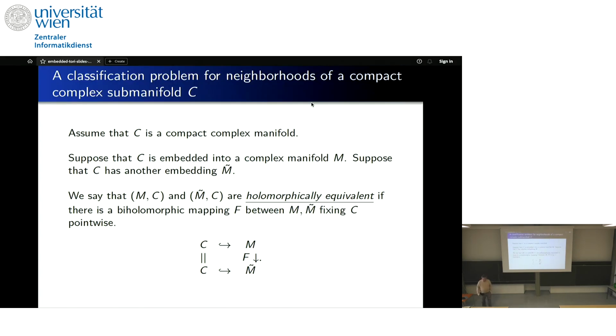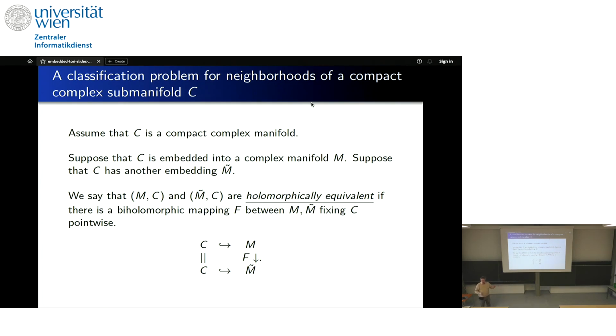So the problem is a kind of geometric problem, a holomorphic geometric problem, and at the end it will boil down to a kind of dynamical system. You take a complex compact manifold C of any dimension, and you embed it into another complex manifold.